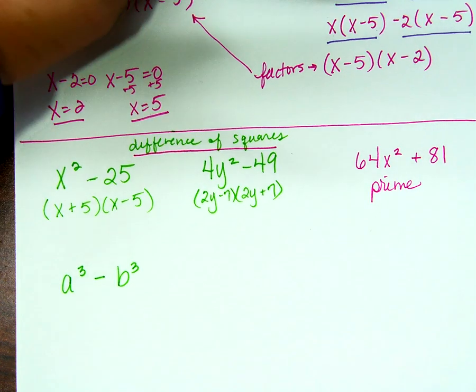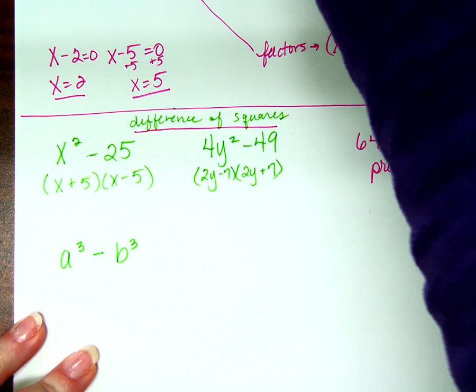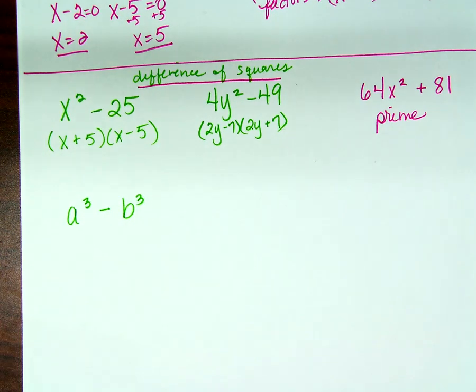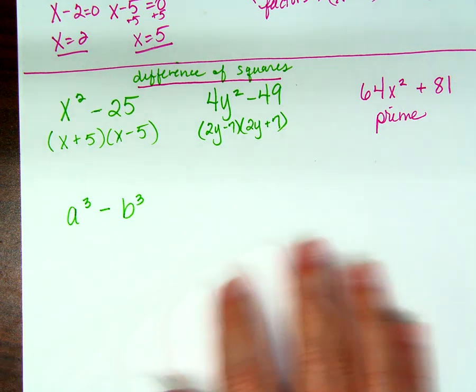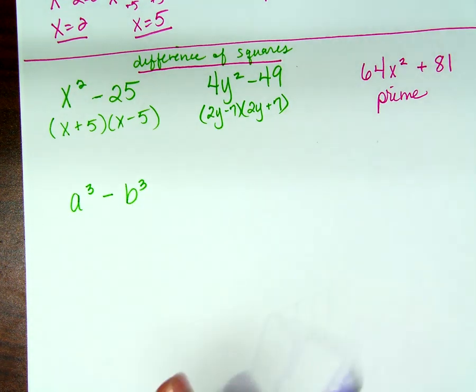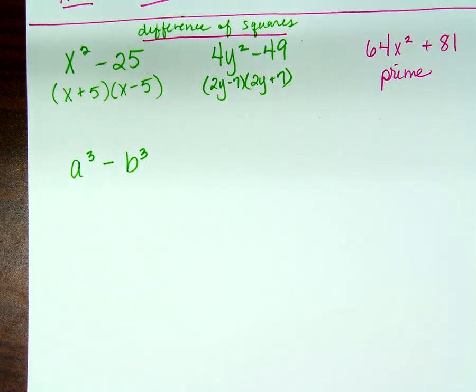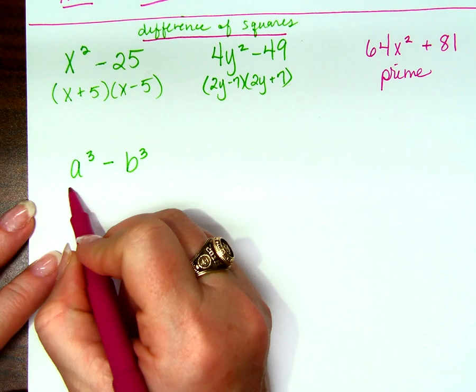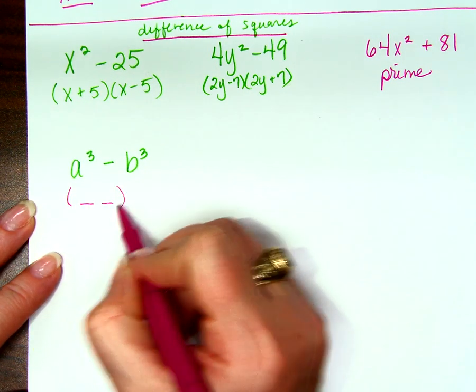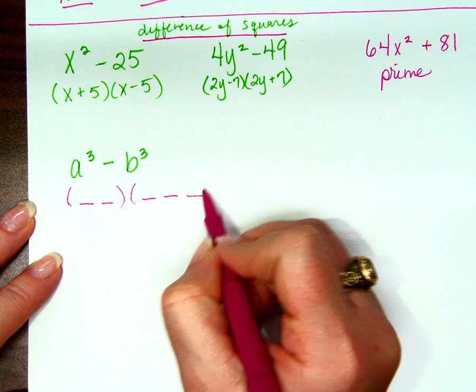Difference of cubes. Do you remember how to factor the difference of cubes? What do my factors look like? Is it just two binomials again? Not this time. I have a binomial and a trinomial.